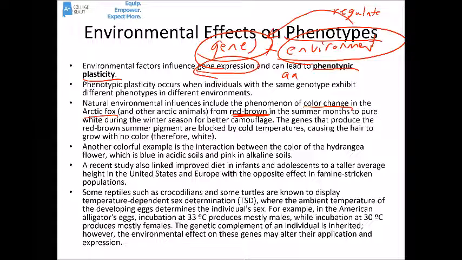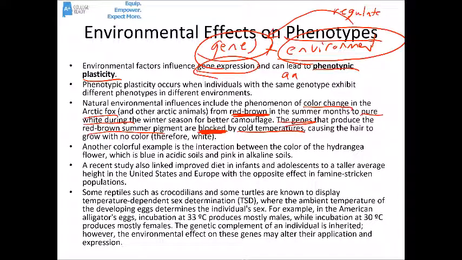But in winter, they become pure white. And it turns out that the genes that make the red-brown pigment are inhibited. The expression of those genes is blocked by cold temperatures. So the foxes stop making that red-brown pigment, and therefore their hairs become white.